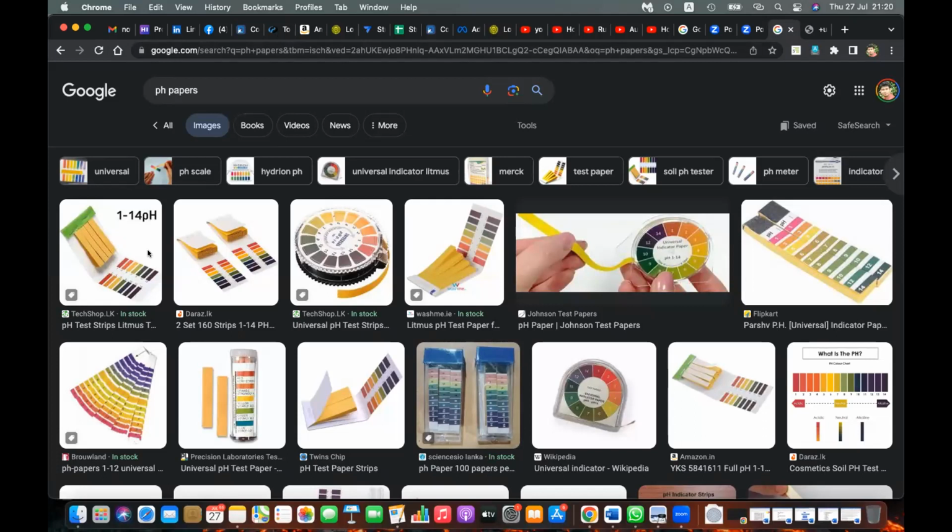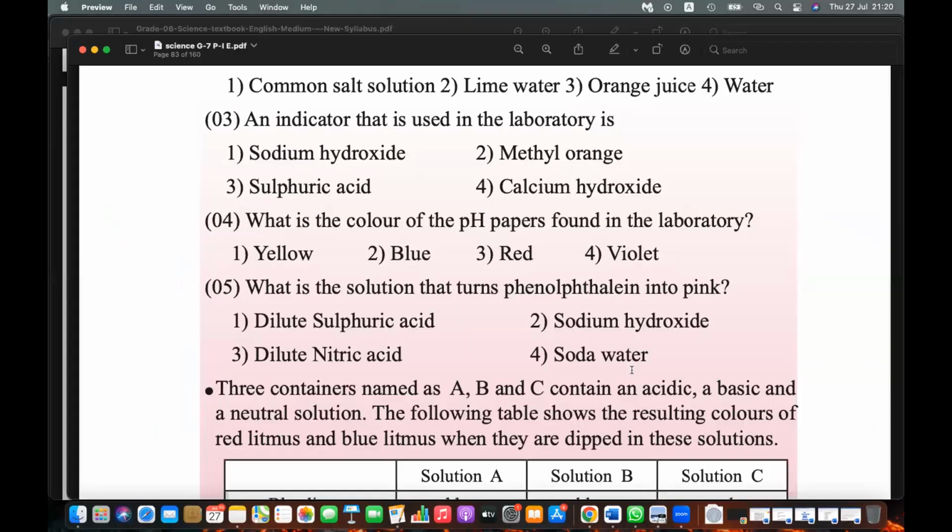Something like this. Here we have yellow, blue, red, violet, so we take yellow.